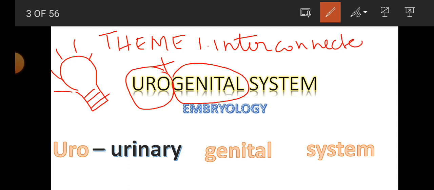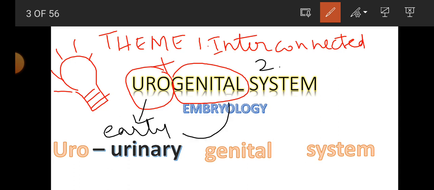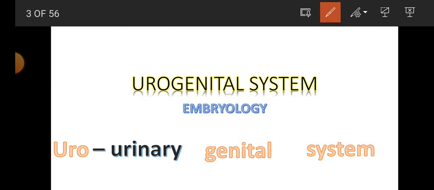They develop from almost a common source. This is the first theme. The second theme is that the genital system takes up the early components of the urinary system for its development. That is the second theme. So, this theme has to be kept in mind while we study.